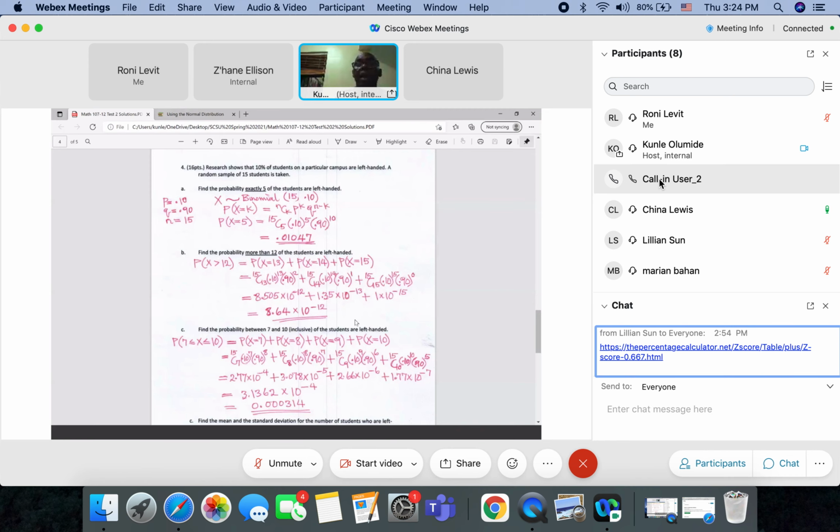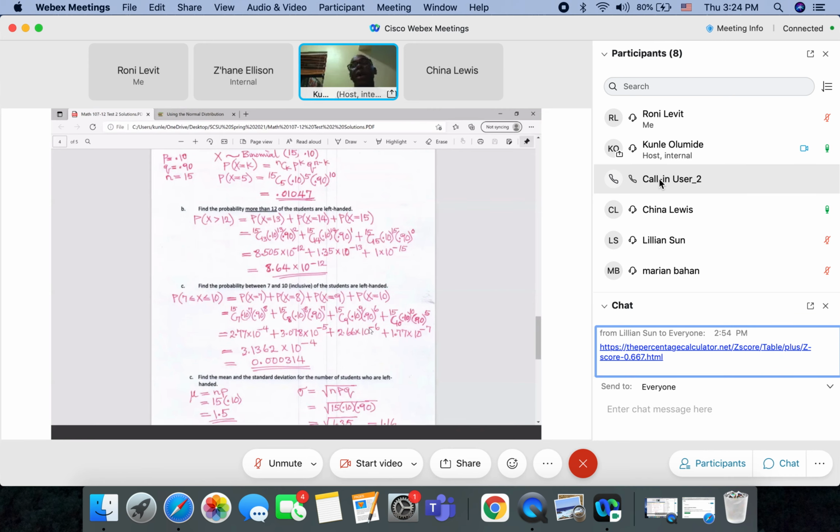I wrote it out as probability of x is greater than 12 equals 1 minus probability of x less than or equal to 12. So for the first part of it, it was 1, and then the other part was 1.0000. So I just did 1 minus 1.